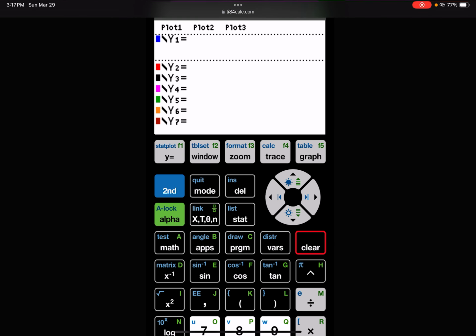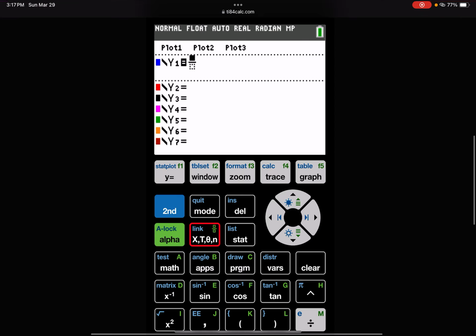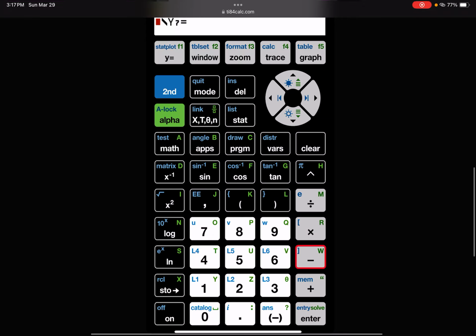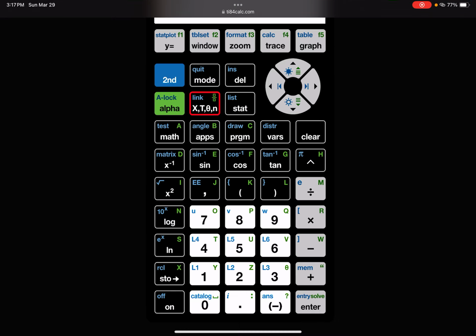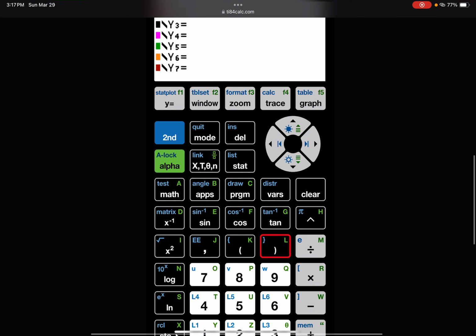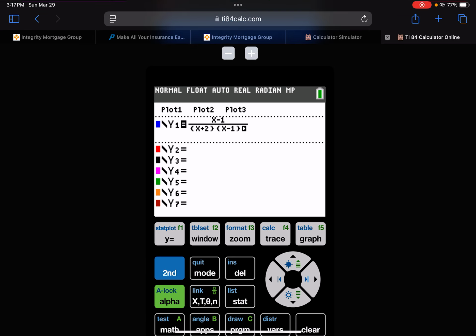I'm going to type that fraction button again, the green alpha, and then the button to the right. And I'm going to type in x minus 1 on the numerator, and then parentheses x plus 2 times x minus 1, parentheses. Now again, I'm typing in the original, not the simplified version, because that would be a totally different graph. But let's graph it.